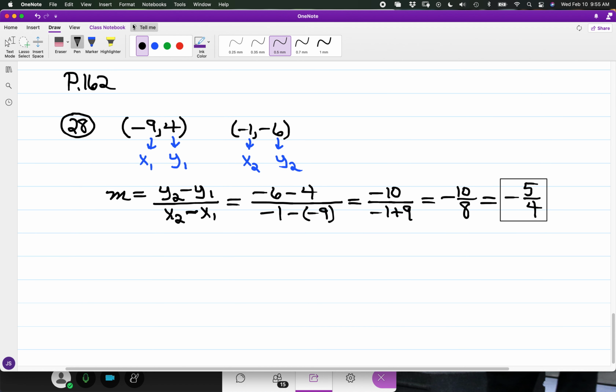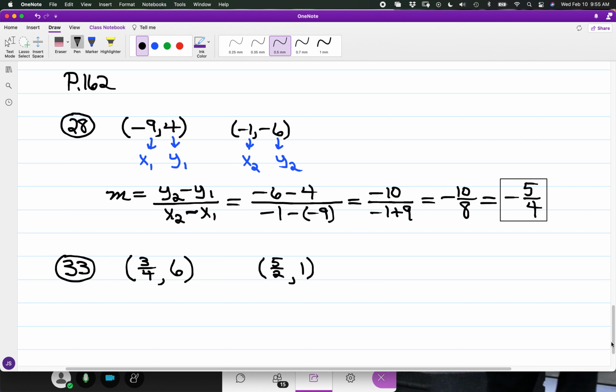Now, also in the determination of slope, we have for number 33 a couple of ordered pairs, and we have non-integer values in the mix. The first ordered pair mentioned is 3/4 and 6, and the other one is 5/2 and 1.